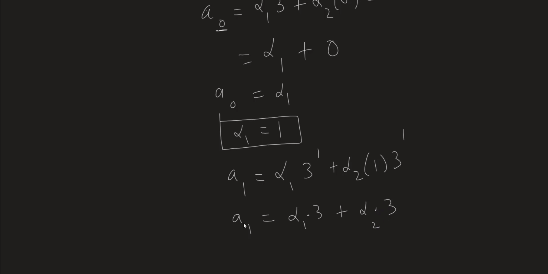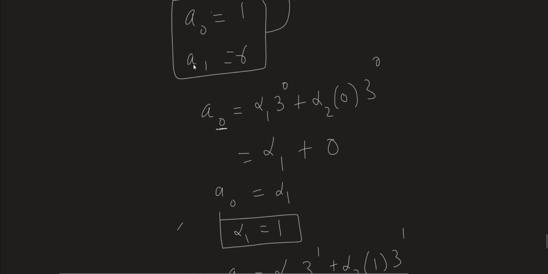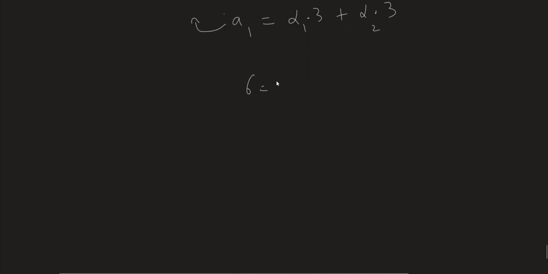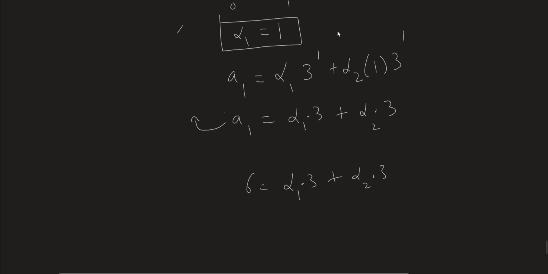We know that A1, which is given to us in the initial condition, is equal to 6. So 6 is equal to alpha 1 times 3 plus alpha 2 times 3. And at the same time, we derived the value of alpha 1, which is equal to 1. So 6 is equal to 1 times 3 plus alpha 2 times 3. So 6 is equal to 3 plus alpha 2 times 3.